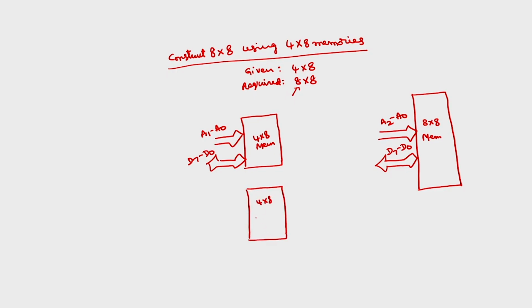Another 4 by 8 memory with the same A1, A0, and D7 to D0. So, this has to be connected here, these have to be connected together, only a single bus will be available.